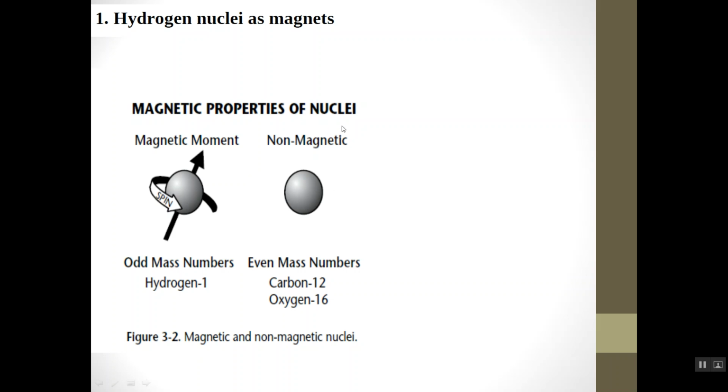They have no magnetic property because they have even mass numbers. So an odd mass number causes the magnetic property of an atom. Okay, so the hydrogen atom is highly sensitive to the external magnetic field.